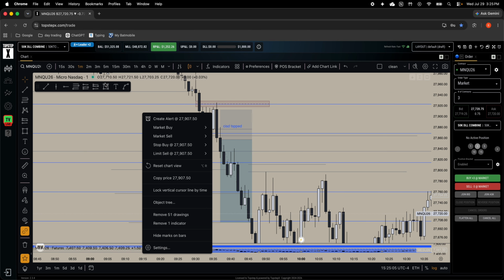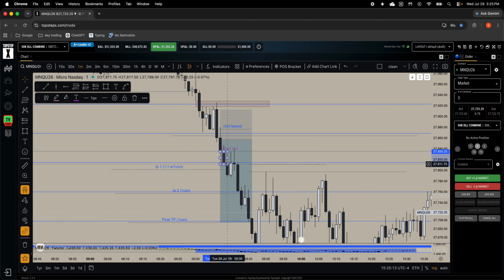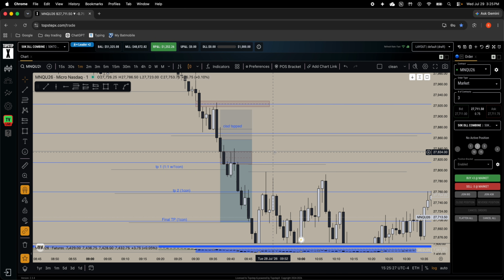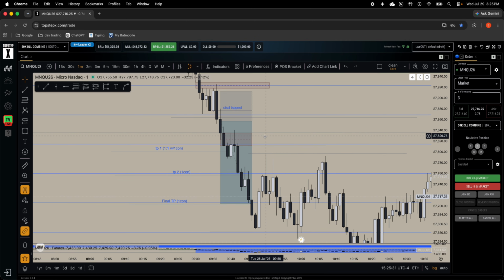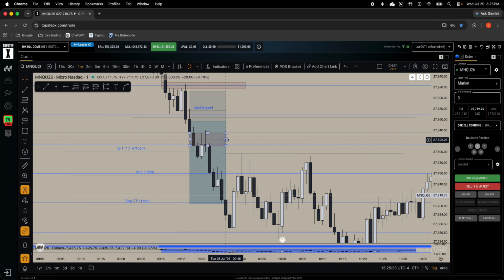So yes, that's a volume imbalance there and there. You can see that's on the octant level. And notice the bodies. It wicks up again. The bodies stay below the level as soon as it hits the bearish PD array. So that's pretty precise right there.